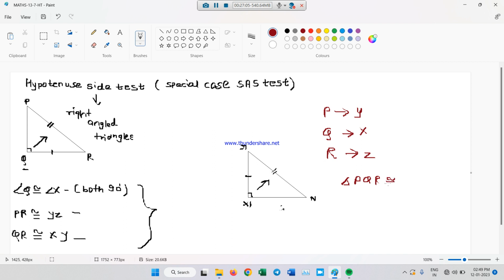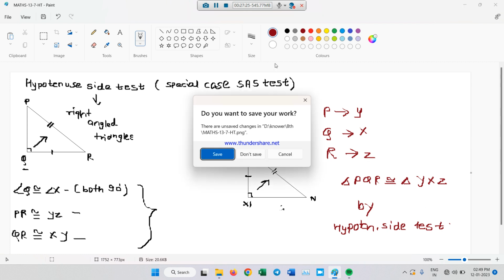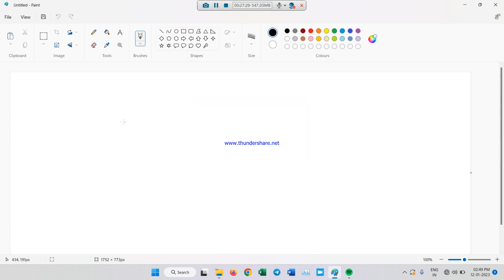So we have seen, I will revise these things in a very short manner, the various tests. SSS, when all three sides of the first triangle are equal to the corresponding sides of the second triangle. Then SAS, two sides, one angle.